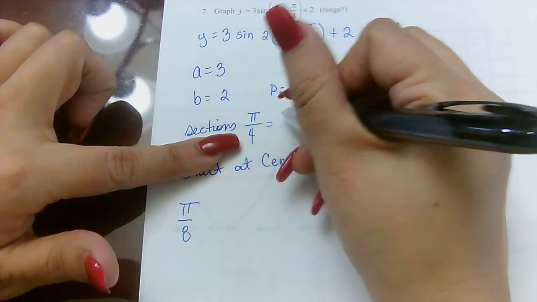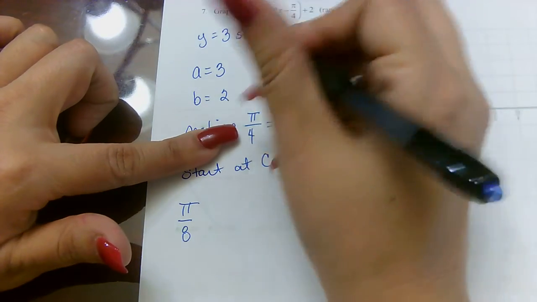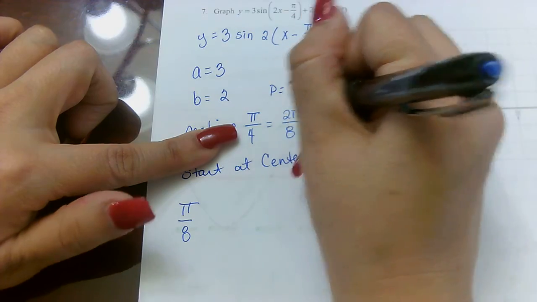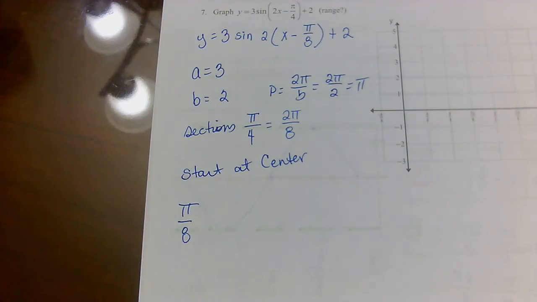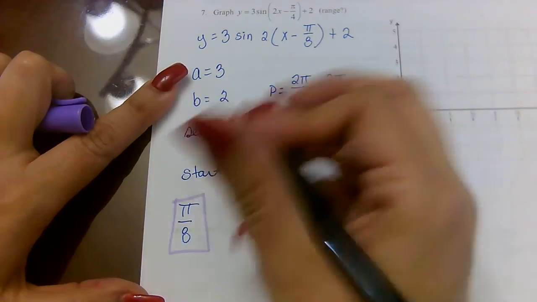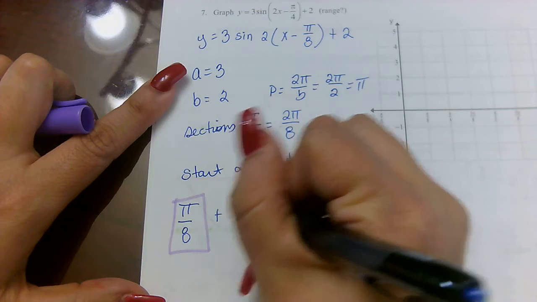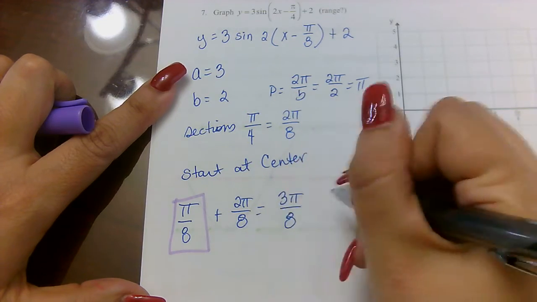I'm going to change this to a denominator of 8 times 2 times 2. This is the exact same work that we did before. I'm going to do that real quickly. Hopefully you'll be able to follow me along. So we're going to add 2 pi over 8. We get 3 pi over 8.